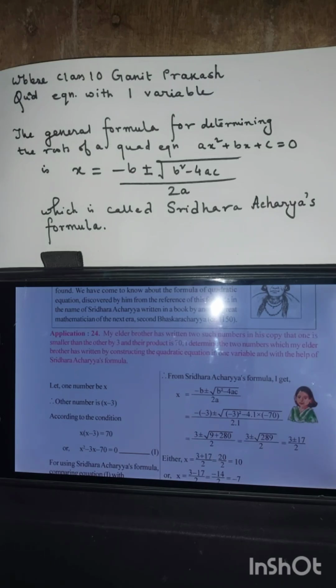I determine the two numbers which my elder brother has written by constructing the quadratic equation in one variable and with the help of ACHARYA'S formula.